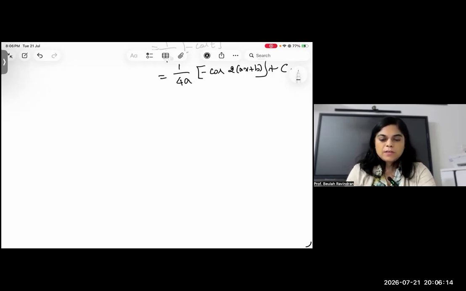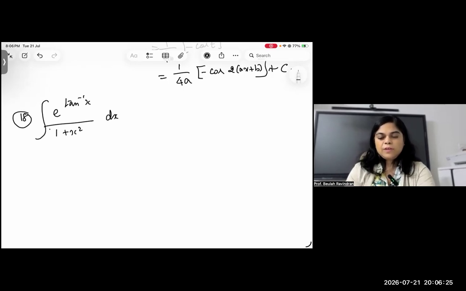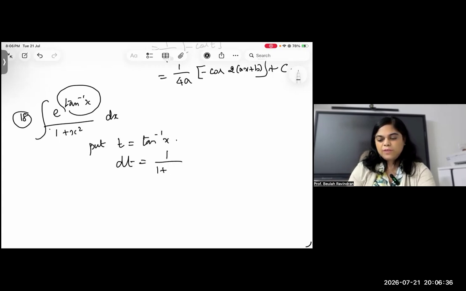The exponential is e power tan inverse of x, the 18th one, dx by 1 plus x square. It's also simple. This is a kind of trigonometrical thing. You can put t is equal to tan inverse of x. What is dt? 1 by 1 plus x square into dx.